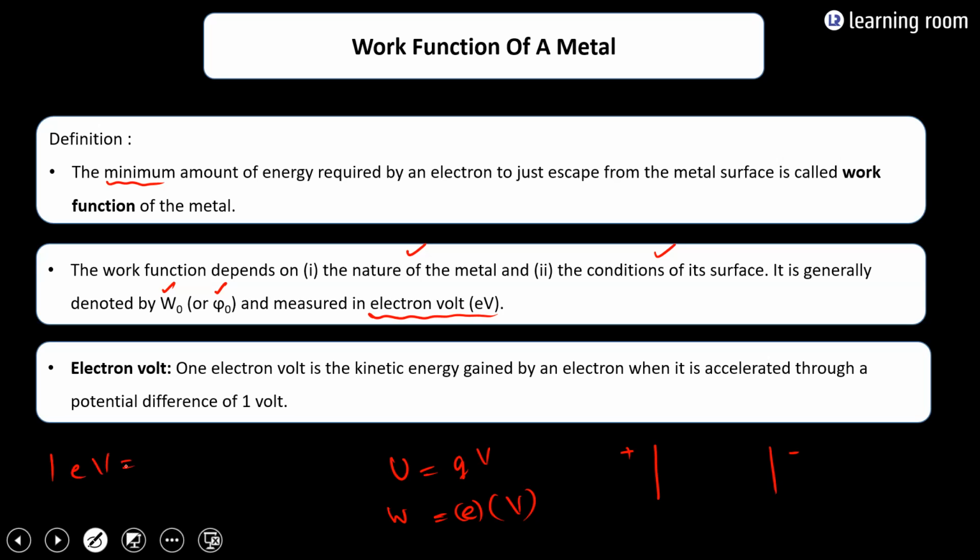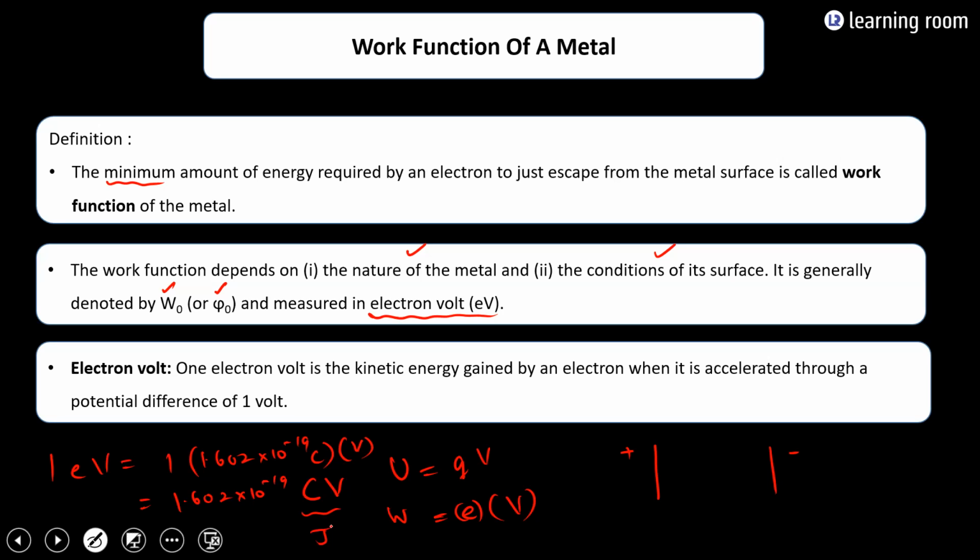So 1 electron volt will be equal to 1 into 1 electron's charge, which is how much? 1.602 into 10 power minus 19 coulomb multiplied with 1 volt. Am I right? So this will be equal to 1.602 into 10 power minus 19 coulomb into volt. This coulomb into volt is called joule.